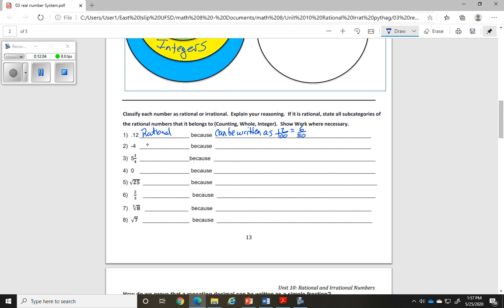But -4, we'll classify it as rational, can be written as a fraction, as -4 over 1. And if we talk about its subcategories, it's also an integer.